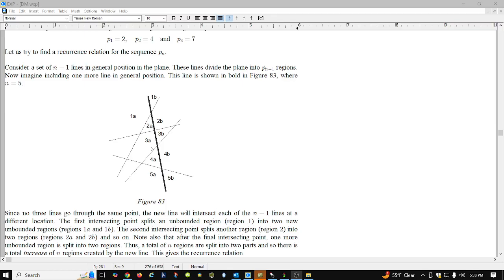So a total number of n regions are split into 2 parts because this line makes n minus 1 intersections with the old lines, but then it exits somewhere and gives you another split.